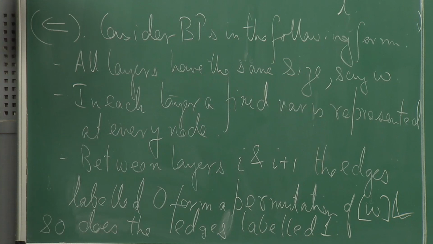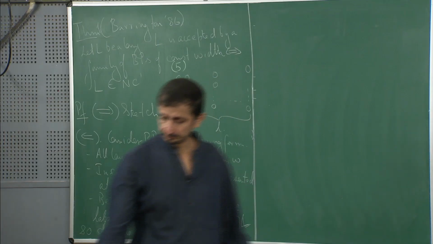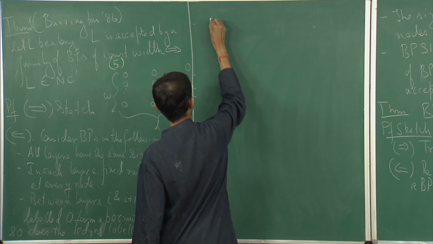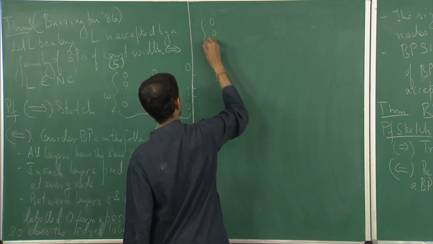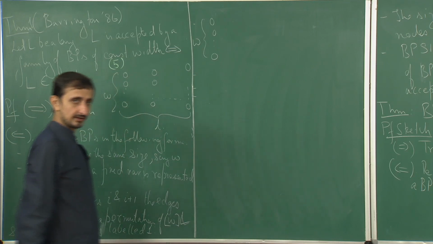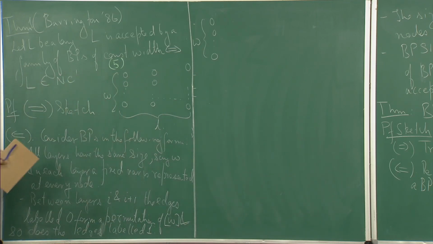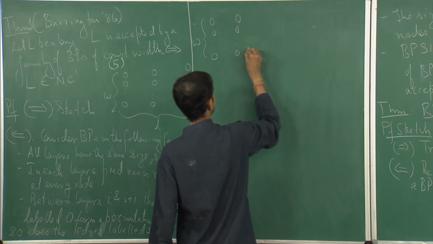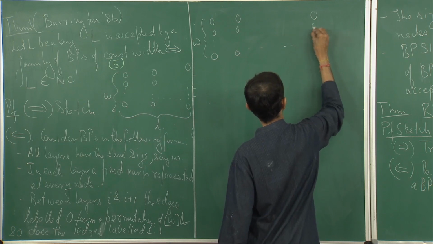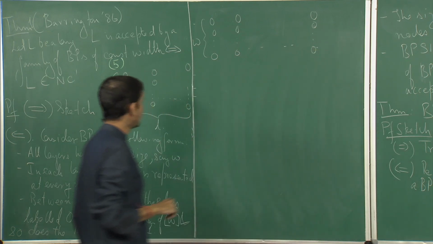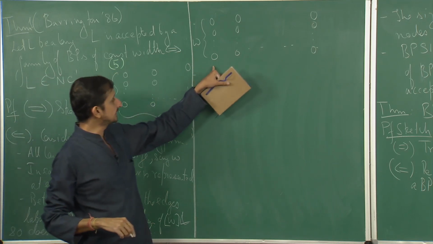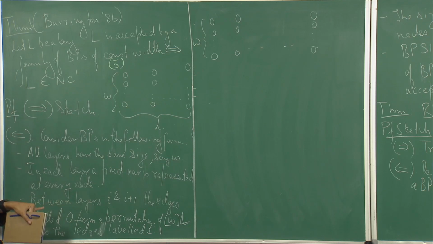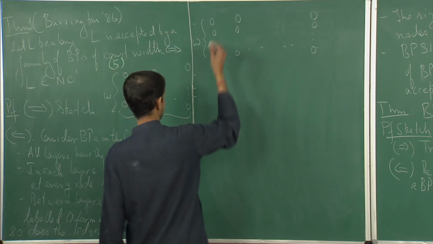Again, let's look at this with an example. If I look at the branching program, I have a fixed width now. At every layer I have exactly W many vertices. Now every vertex in a given layer is labeled with the same variable. We can ensure that as well.